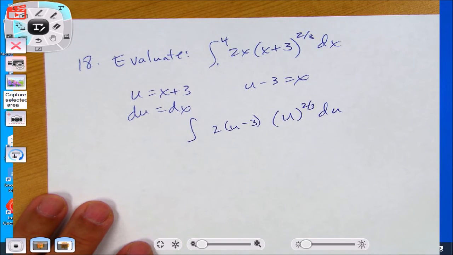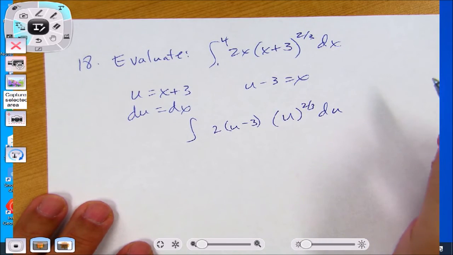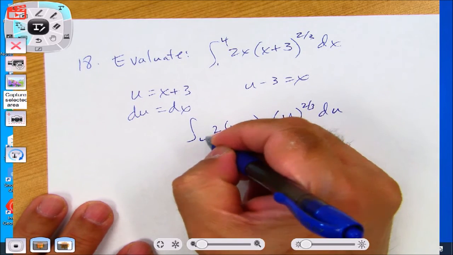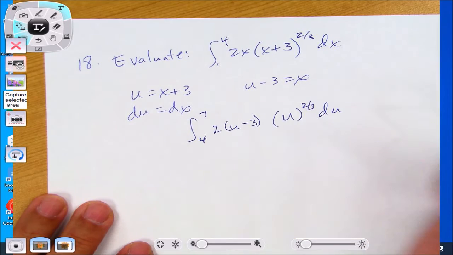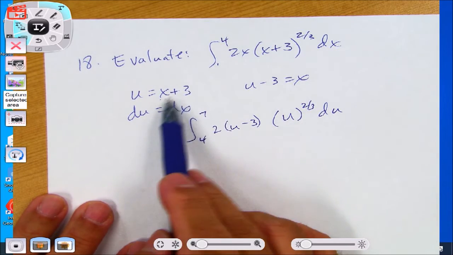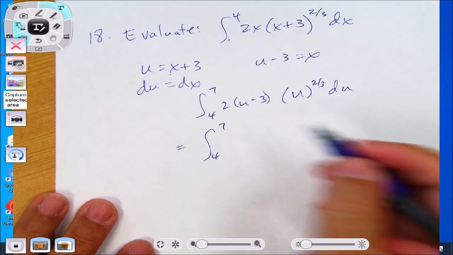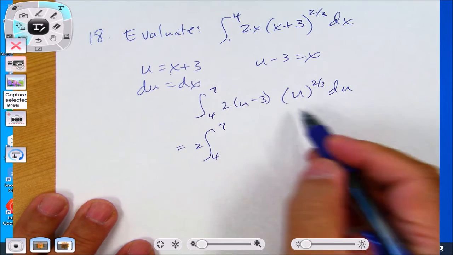Now we integrate. I want to change my limits. So 1 becomes 4 and 4 becomes 7. How do you know? Because 1 plus 3 is 4 and 4 plus 3 is 7. I'm still going to do some algebra to this. I'm going to take the 2 out and multiply those two.